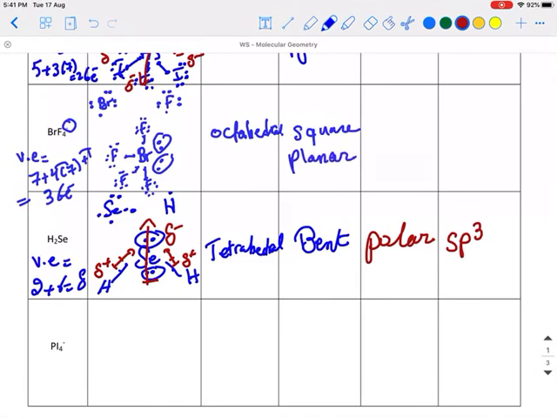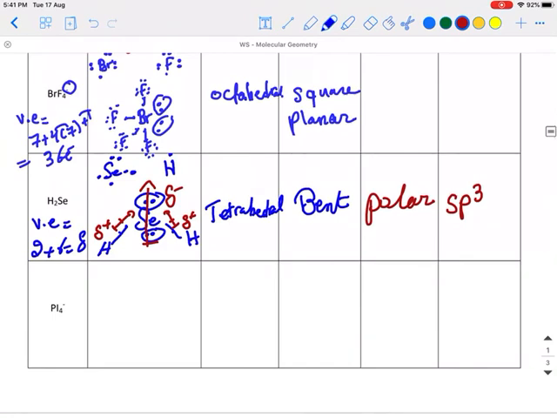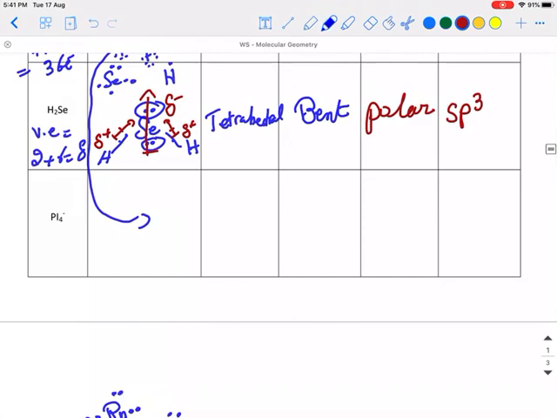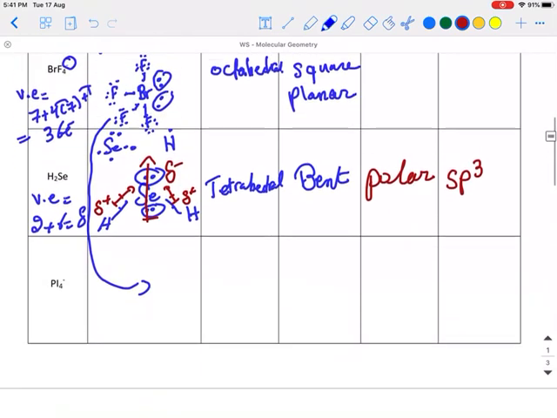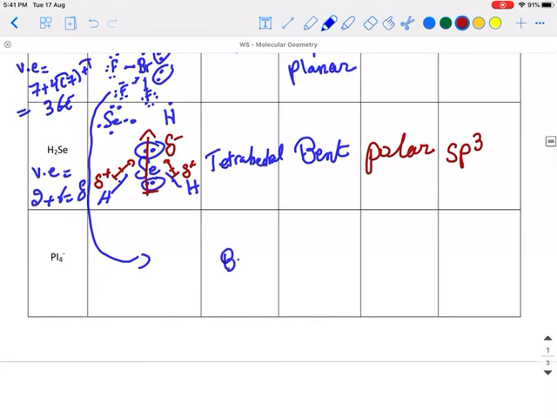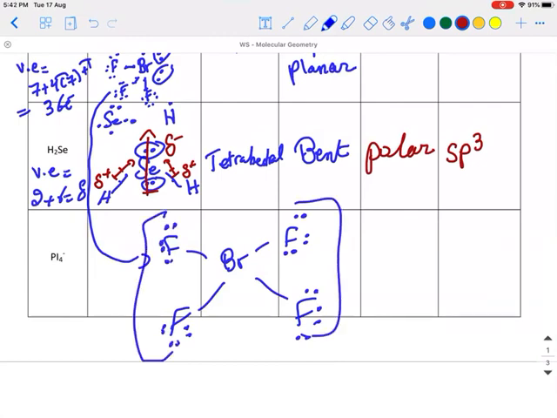Square planar. Now, before hybridization, is it polar or non-polar? Let me redraw it in order to see the polarities. Square planar means like this: Br, F, F, F, and this one, and all of it minus.